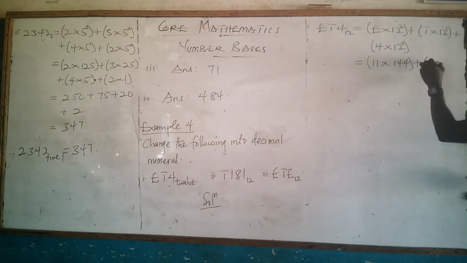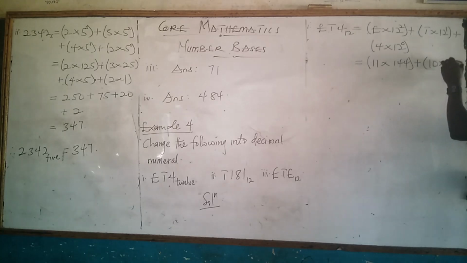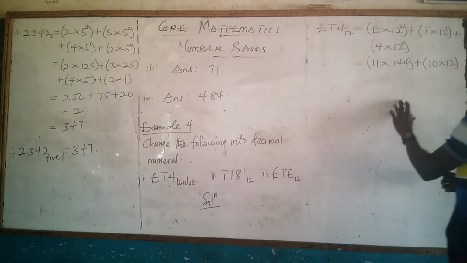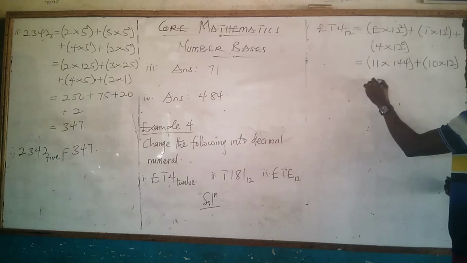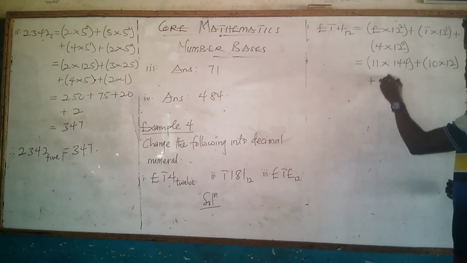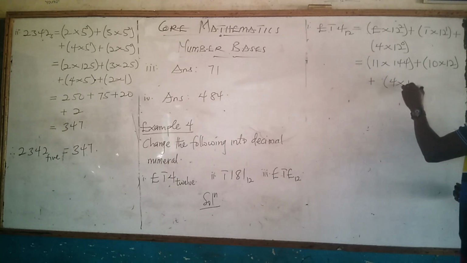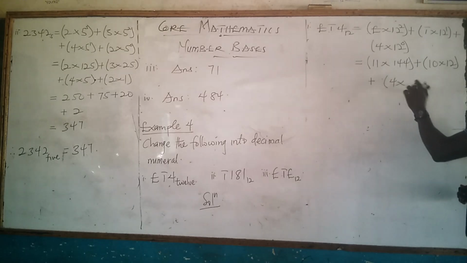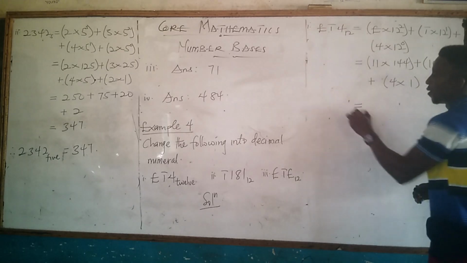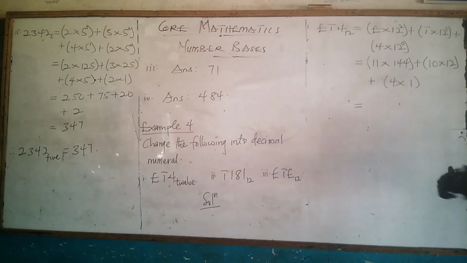Okay, good for saying that. T is 10, then times 12, exponent 1. And that one too is the same as well, 12. Okay, then I have my plus. Then the last one is 4 times 1. Good. And this one will get us.